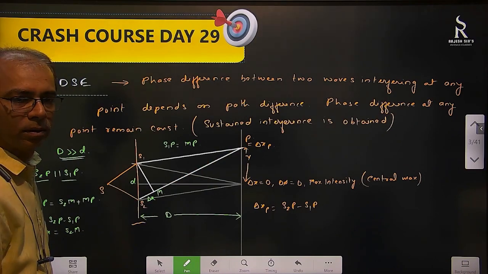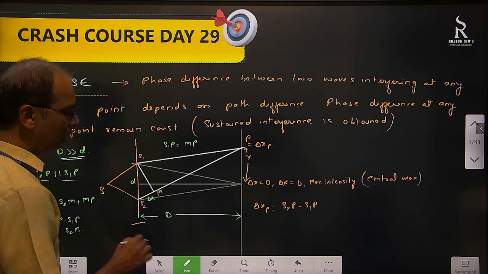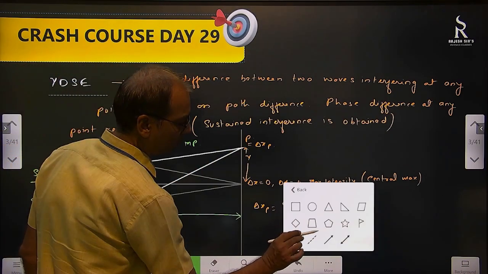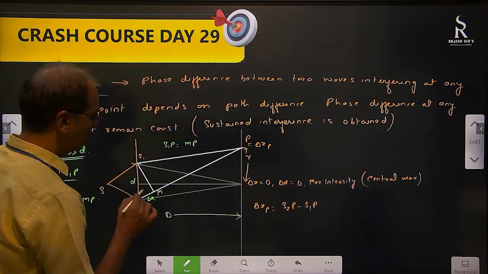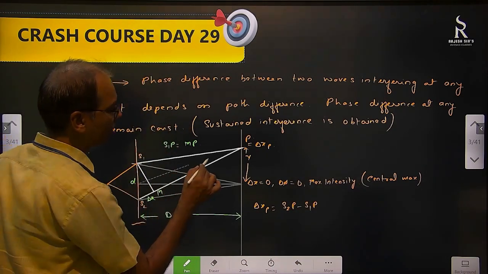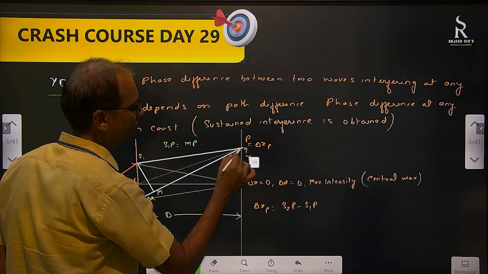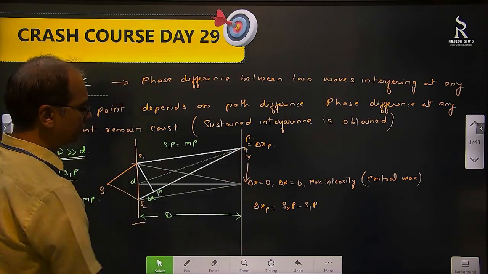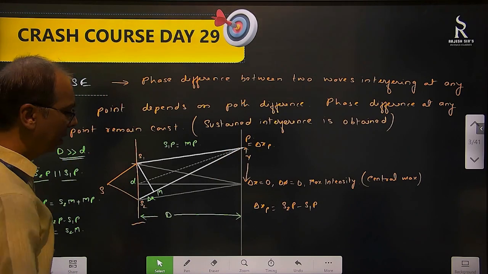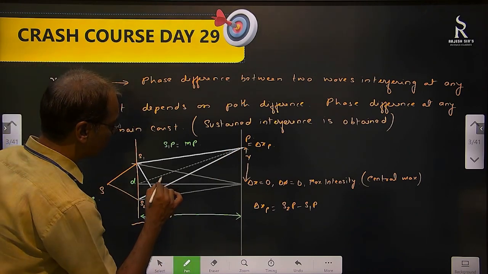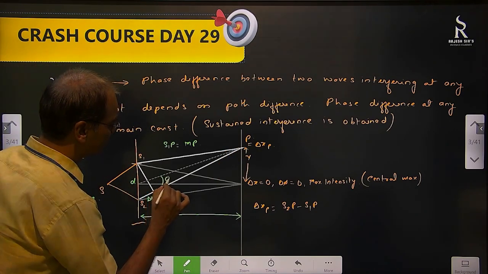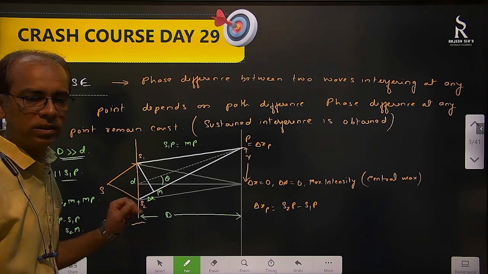One more line we will take, joining the center point with this point, and I am assuming this is angle theta.